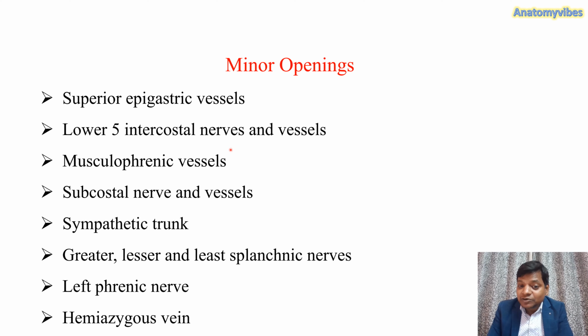The lower 5 intercostal nerves and vessels will pierce the diaphragm and also pass through small openings. Musculophrenic vessels will also pass. Lowermost, the subcostal nerve and vessels will pass through a small opening just behind the lateral arcuate ligament. So these structures will pass behind the lateral arcuate ligament.